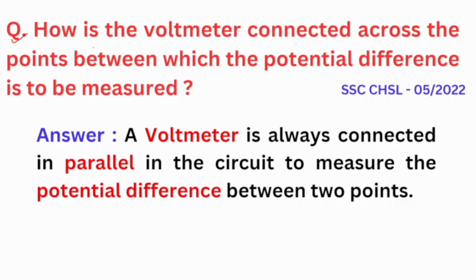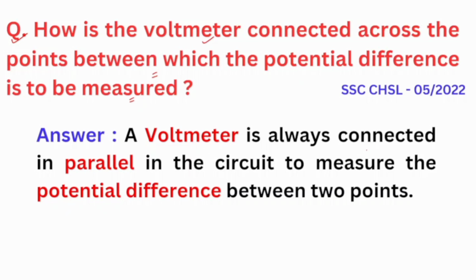Next is how is the voltmeter connected across the points between which the potential difference is to be measured. So first we should know what is a voltmeter. A voltmeter is used to measure potential difference between 2 points in a circuit. Okay, so the question is how this voltmeter is connected in the circuit. So the answer is here.